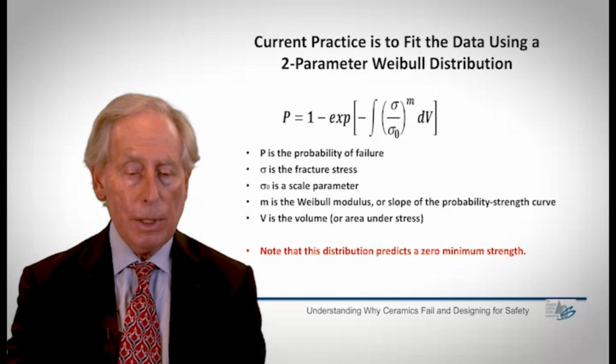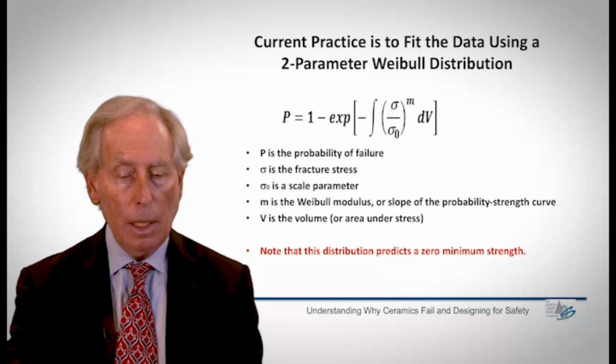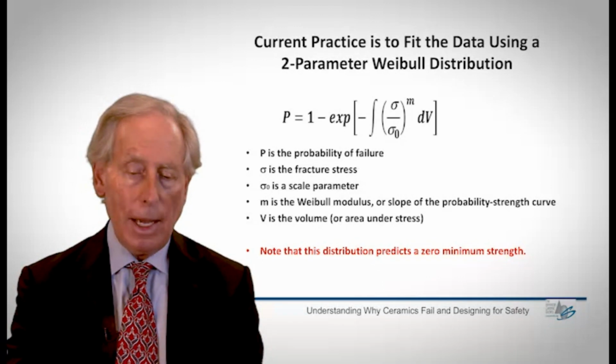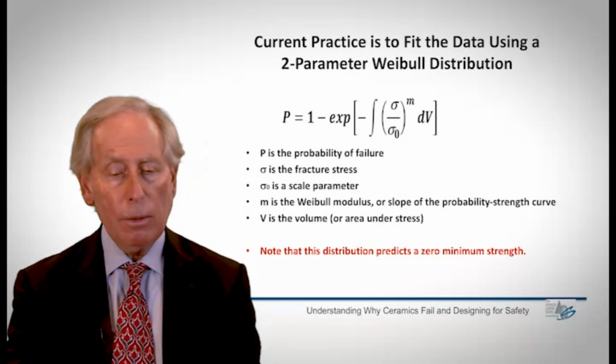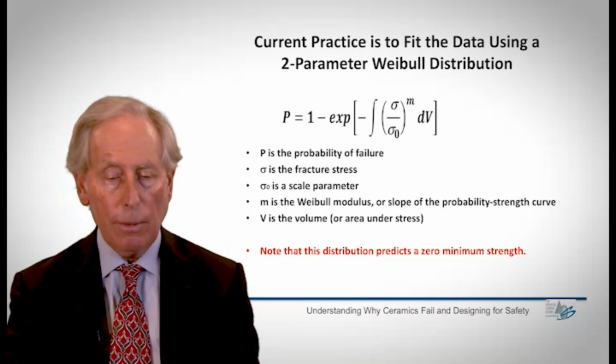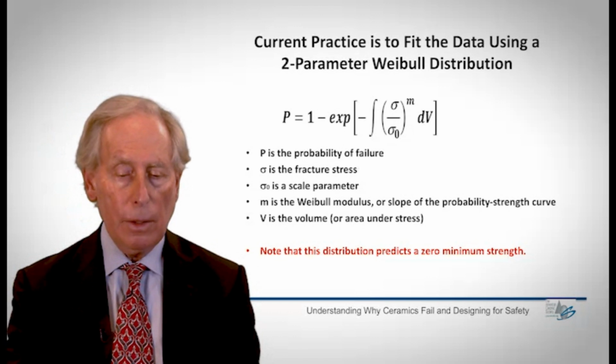But this simply represents that the probability of failure is a function of the fracture stress that you see here. There's a scale parameter, sigma 0, and what's called the Weibull modulus, the exponent on this distribution you see here. This is a number that can range from 2 to 30 or 40, and the smaller the number, the wider the distribution of failure stresses.